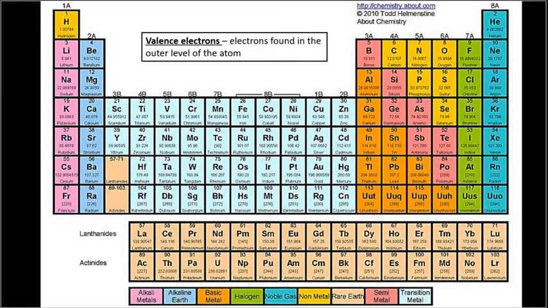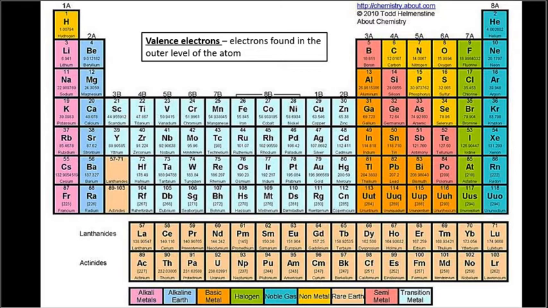And if you remember when we talked about the structure of an atom, 8 was considered full on a valence level, that outer level of electrons. So they are the ones that would be over on the right when they have that full valence electron level. Now we're going to go through these different groups so that you have an idea of what these different characteristics are for the different groups.